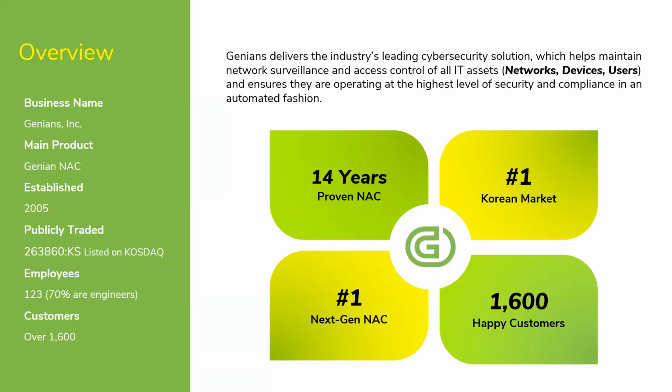The company was established in 2005, and to give you an idea from a NAC industry perspective how long ago that is and how much experience the company has in the field, that was right around the time a company called Cisco acquired a company called Perfigo, which eventually, later on in that year, turned into Cisco Clean Access and ultimately Cisco ISE. So Genians has a wealth of experience over this time frame delivering NAC.